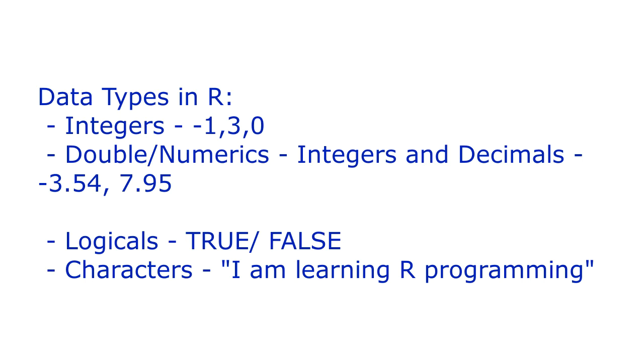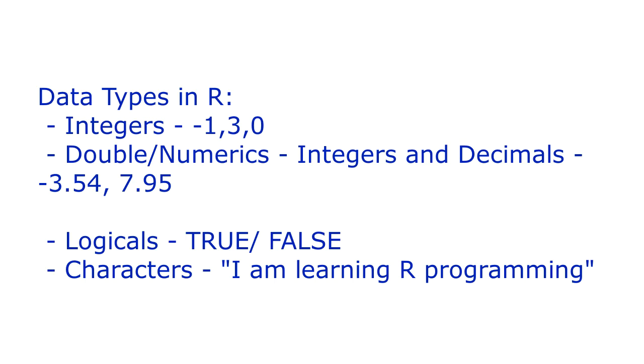It has the integer, it also has the fraction attached to it. Logicals are typically Boolean values, true and false, and characters are called text. For example, "I am learning R programming language" is a text. Please note that a character or text is denoted by quotation marks around it.